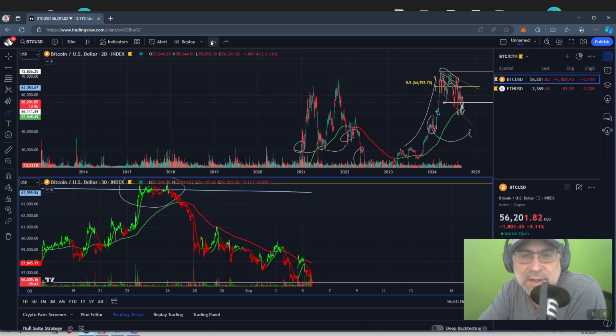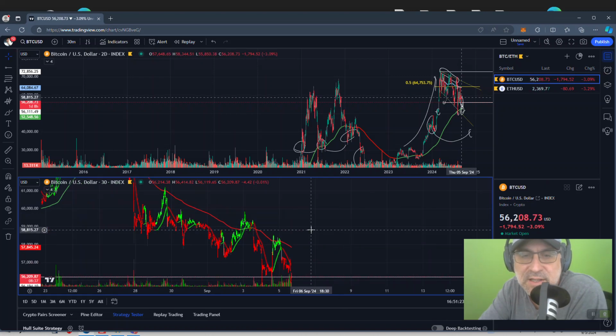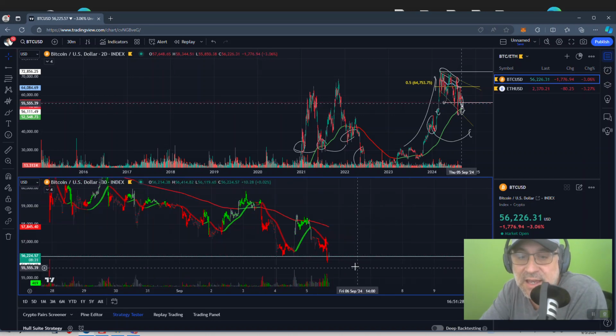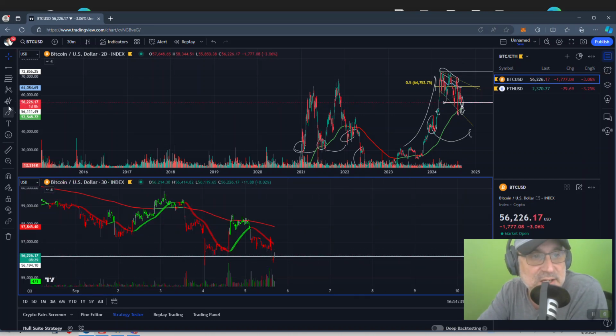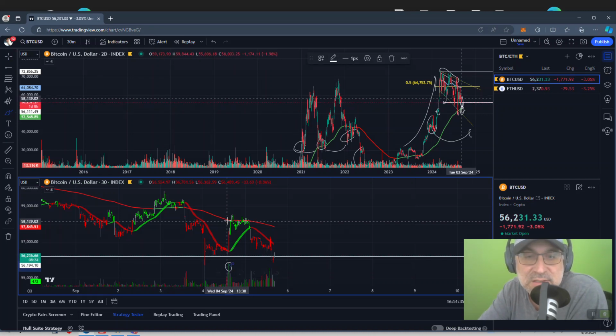If we look at further inspection of the vertical bar volume on the 30-minute, we see that we have mitigated TRS here. And we have demand coming in on the 30-minute, but as you can see, here's a demand spike. This demand spike produced a failure to rally above the 200 EMA.